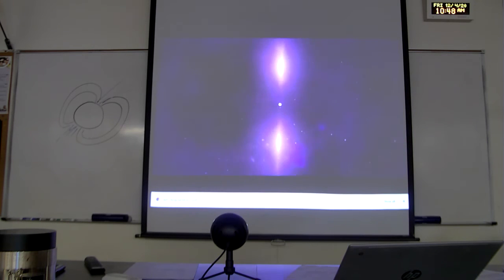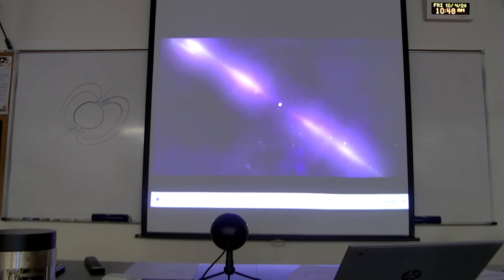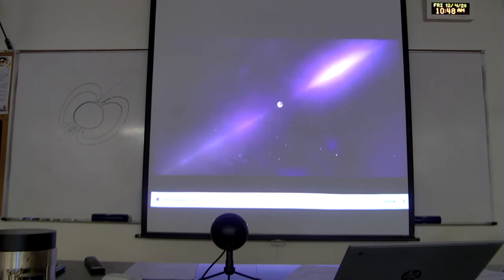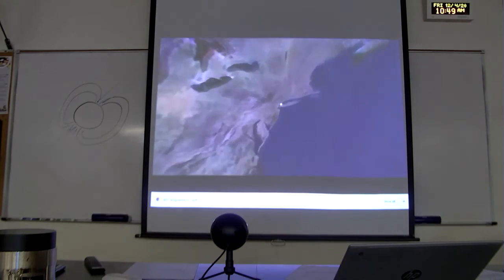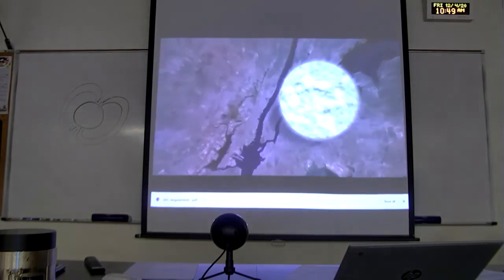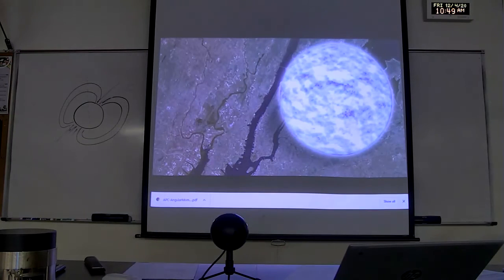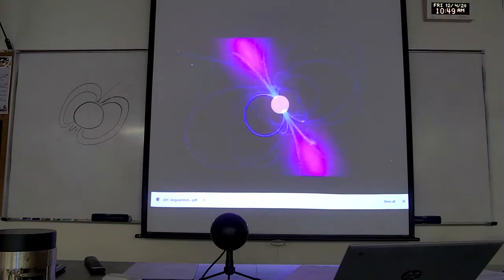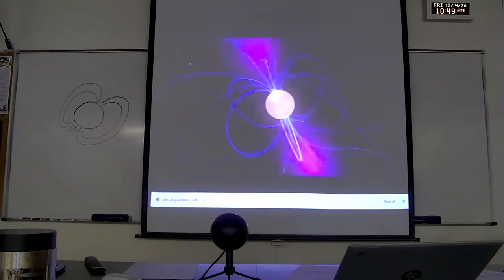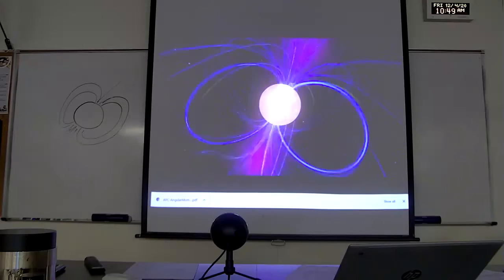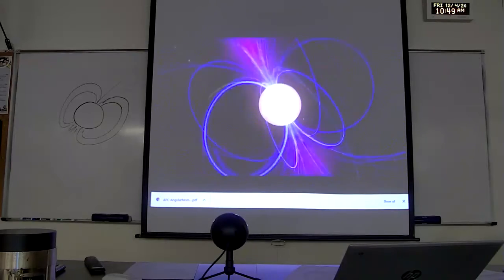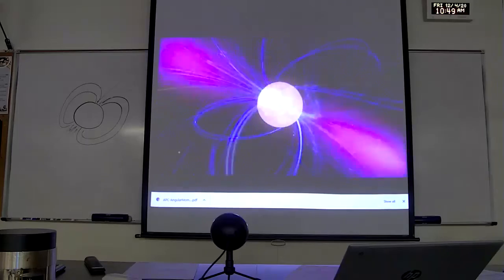Seems like a crime show. Rapidly spinning neutron star, which is the small, incredibly dense remnant of a much more massive star. A teaspoon of matter from a neutron star weighs as much as Mount Everest, and the neutron star is so compact that a ball about 15 miles across contains more matter than our sun. Neutron stars spin between 7 and 40,000 times a minute and form with incredibly strong magnetic fields. Rapid spin and intense magnetic fields drive powerful beams of electromagnetic radiation, including gamma rays.